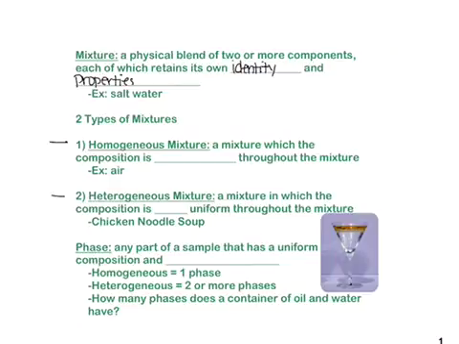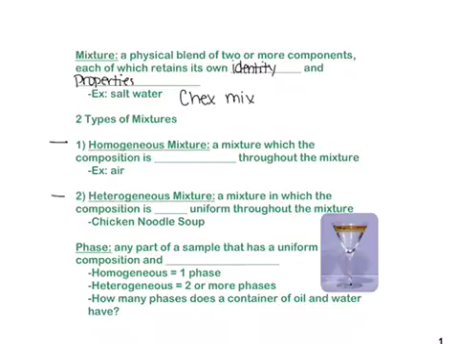So an example of a mixture would be salt water. It still remains salt and water. They don't combine to form a new substance. I think a more obvious example of a mixture might be like Chex Mix.